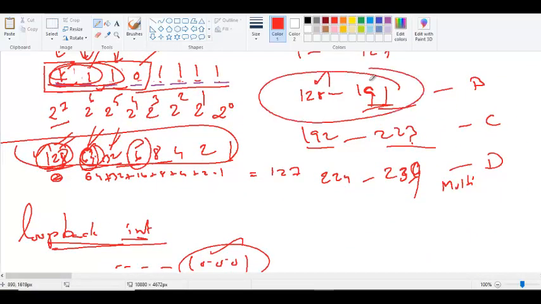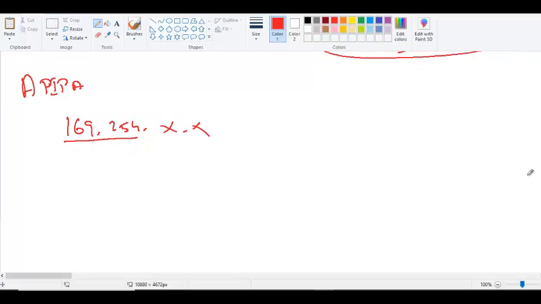like 127 is given for loopback, 169.254 is given for a service called APIPA, automatic private. We know what is IP, Internet Protocol. We know what is an address. Internet Protocol address. The only thing you need to remember is automatic private. It's not public, it's private, and it comes automatically to convey you a message.